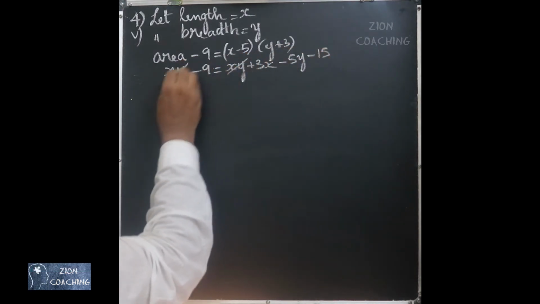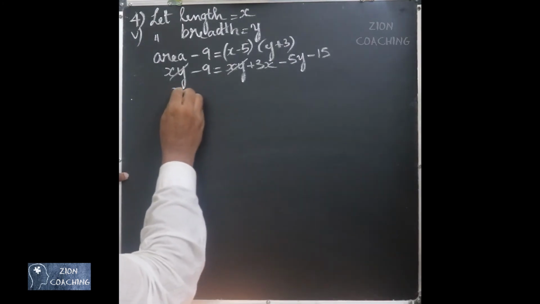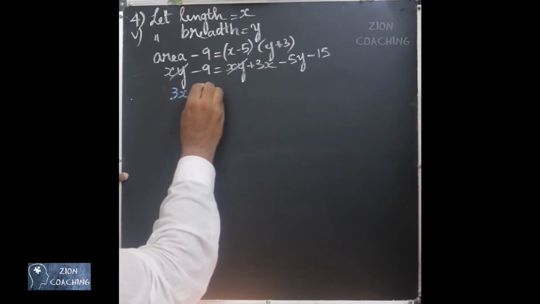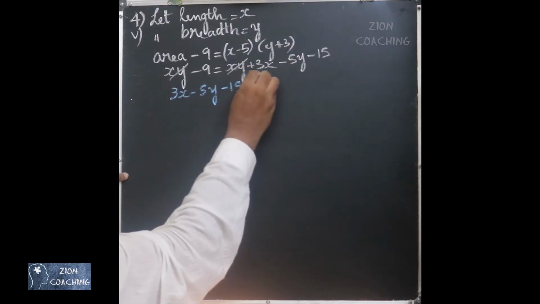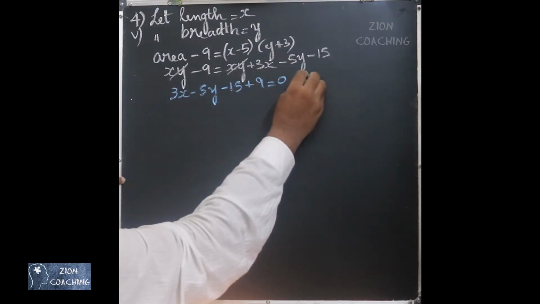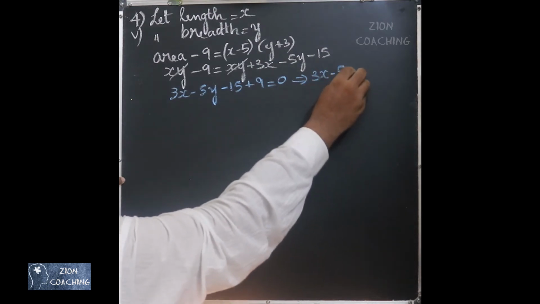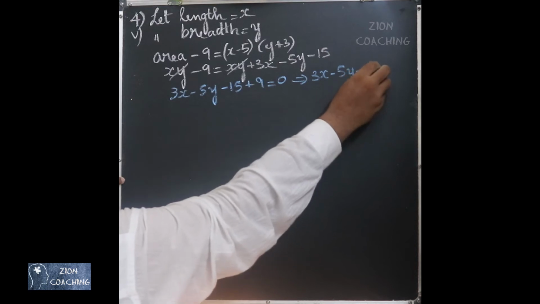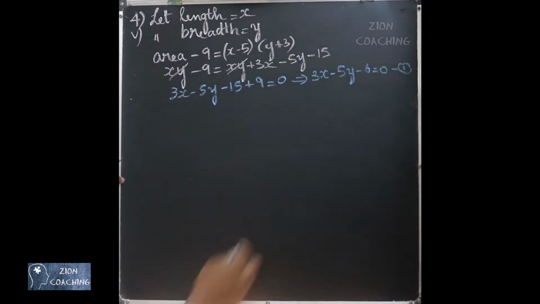Cancelling xy on both sides, taking all the values to one side, we will have 3x minus 5y minus 15 plus 9 equal to 0. That is 3x minus 5y minus 6 equal to 0. We will keep this as our first equation.